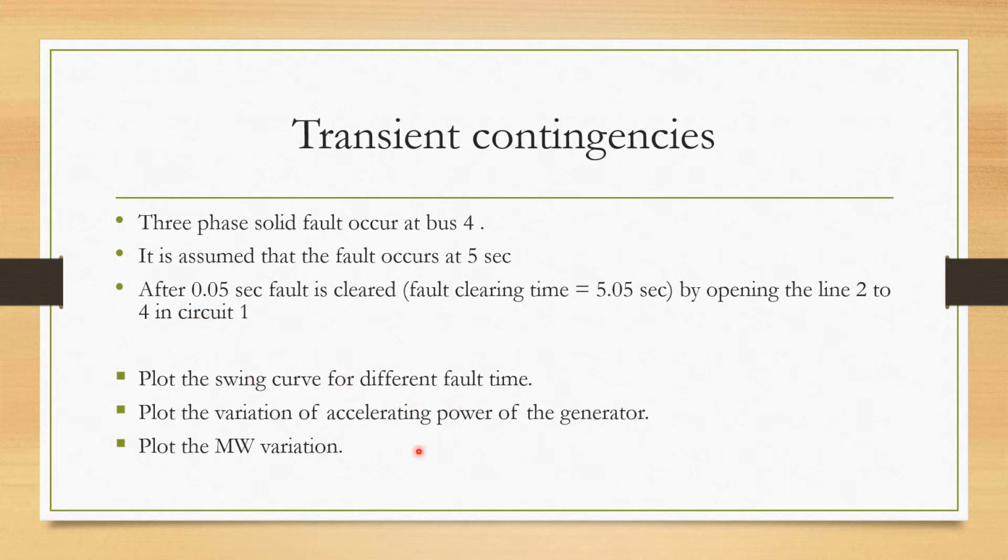And also we plot the swing curve for different fault time, how the rotor angle, that is the torque angle, varies with respect to time, and the accelerating power PA, which is the difference of PM minus PE, power mechanical and power electrical.